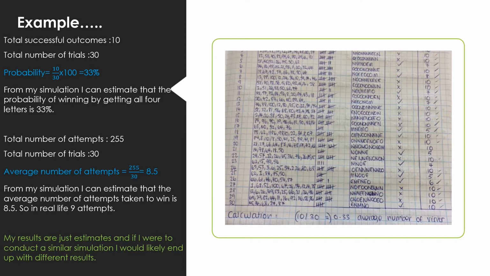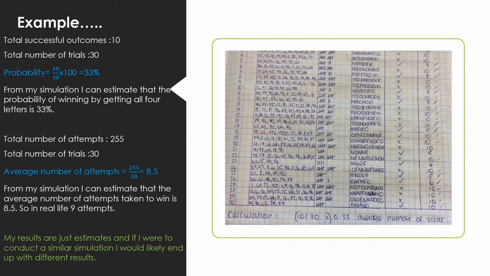For the other calculation you might want to do, in this case it worked because, as you can see from the far right hand column, sometimes the person was successful before reaching the maximum number of 10. In some of the trials they got them in 4 or 5 or 6, so they were finishing their trials off before reaching the maximum number of attempts.